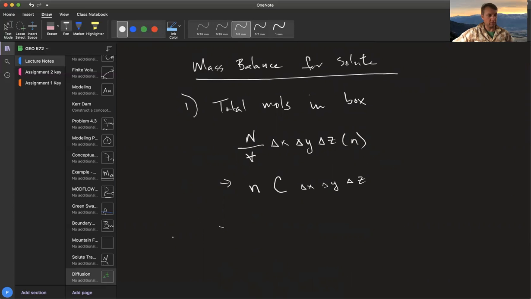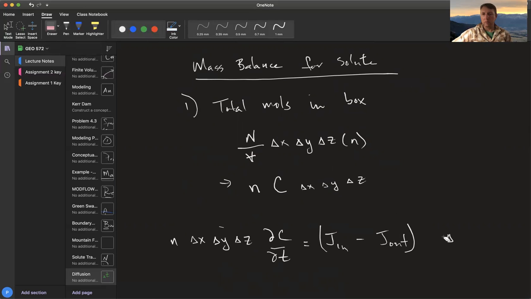So mass balance gives us this: n, delta x, delta y, delta z, times dC/dt, the change in concentration over time, is equal to J in minus J out, times delta x times delta y times delta z, so times the area across which the flux is occurring, so delta y times delta z.